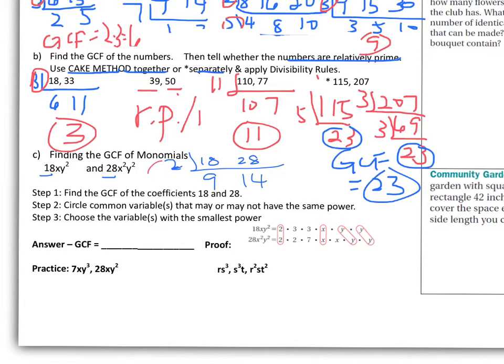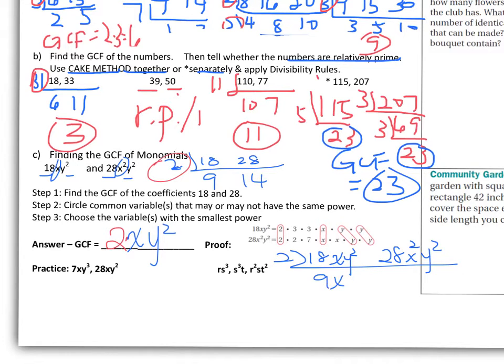So our GCF is 2. Let's write that down here and put a dot. And we have x and x squared. We have to take the smaller one. And then we have y squared. That's our GCF. And to show you the full cake method, I'll put it right here. We should get the same answer.